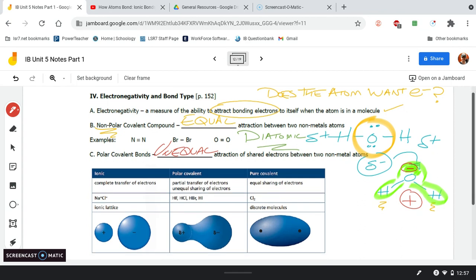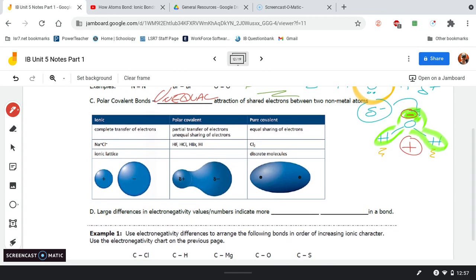All right, so let's take a look at here. Here's some pictures. So ionic, we have an actual plus and an actual minus. And so in this situation, this over here is the plus. It actually has a plus charge, because it pulled the electron to it.